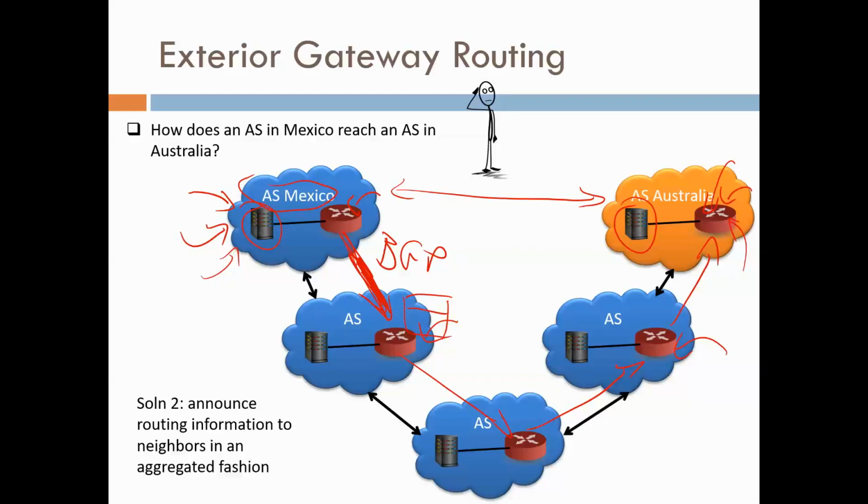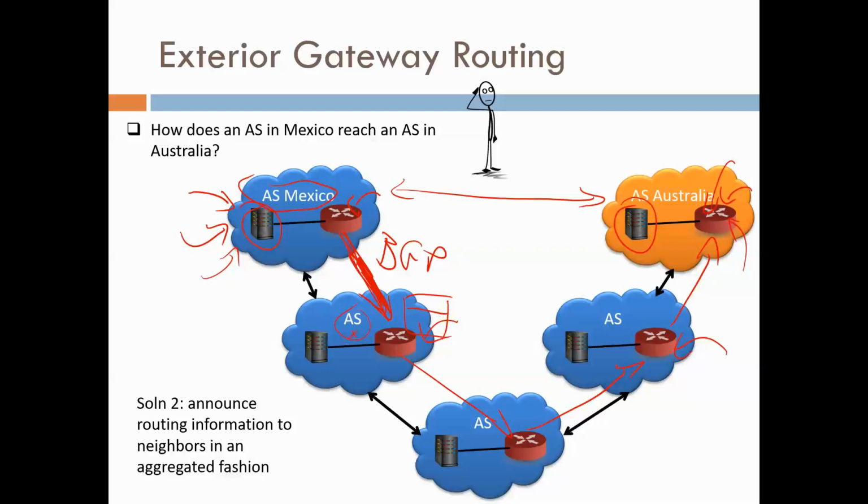Now, this is only for reachability. BGP can also enforce policies. So between Mexico and this other autonomous system, let's call it autonomous system X, they must have an agreement between them. They must have a contract saying, I'm going to send you the traffic for these networks, for example, and you send me the traffic for your networks as well.